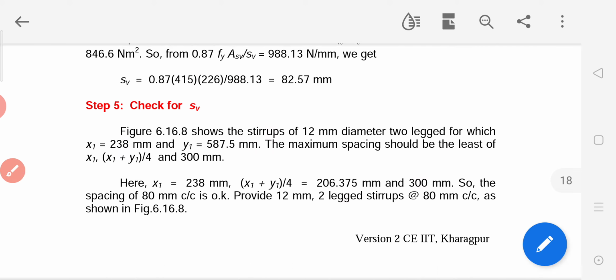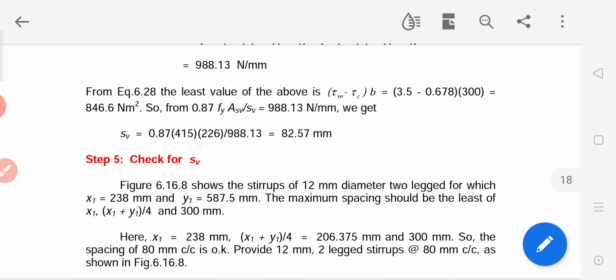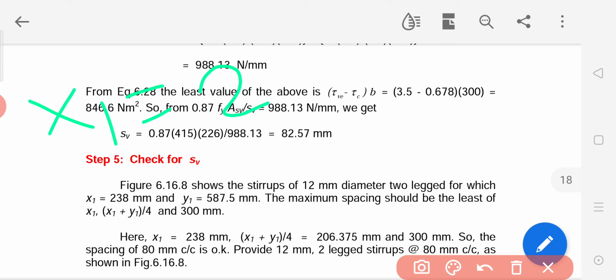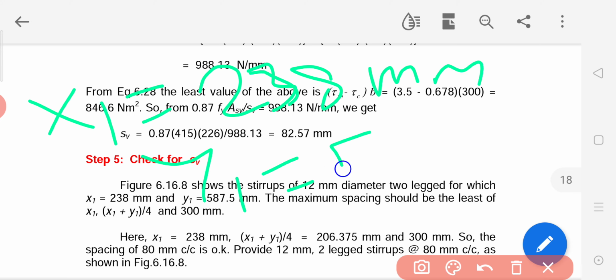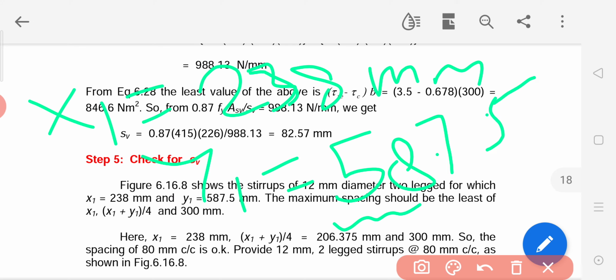Next step, fifth, check for SV. From the figure, we show the stirrups of 12 mm diameter, two-legged, for which x1 equal to 238 mm and y1 is 587.5 mm.